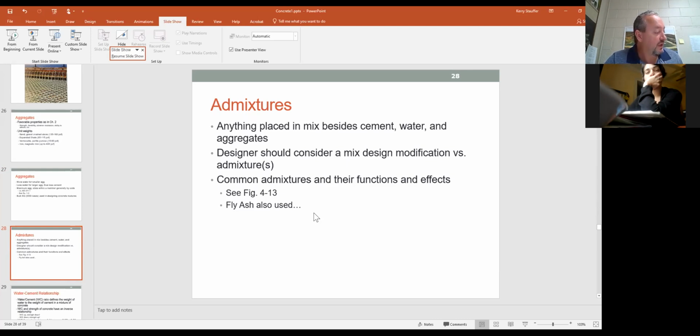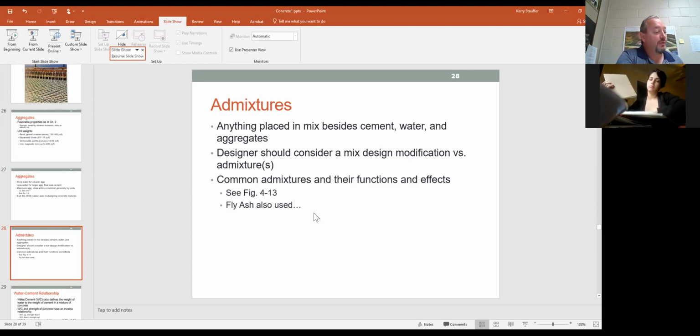And on page 98 in your text, there's a whole list, and I'm not going to go over all those, but I will go over. I'm sorry, it was the wrong page. It's page 102. So there's a whole list of those that show common admixtures and their functions. Yeah, it's on page 102 in your book.